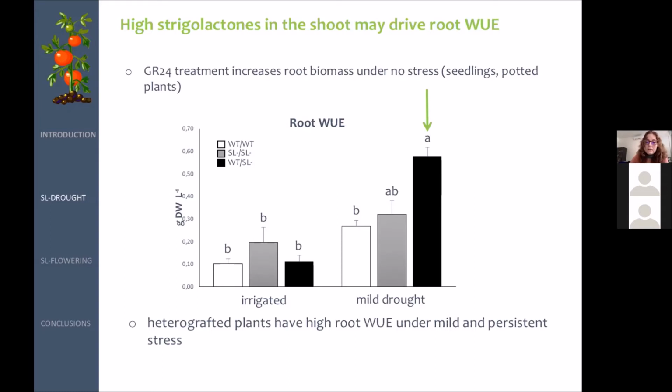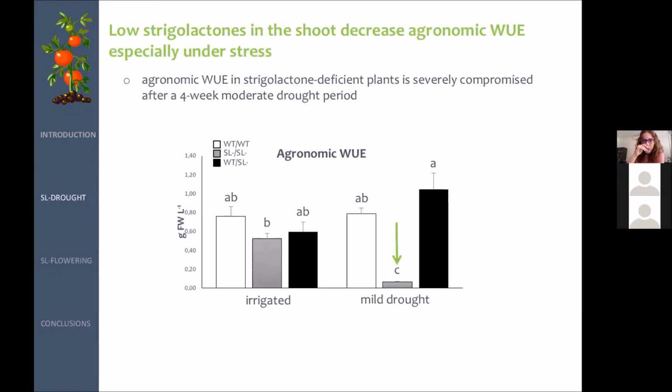So where does this lead us? We were also interested in checking what happens to fruits, because this is a relevant trait for tomato as a crop. So we checked for the agronomic water use efficiency, so yield over water, in these kinds of plants. And what we saw is that there was a trend, though not significant, for higher agronomic water use efficiency in the heterografted plants.